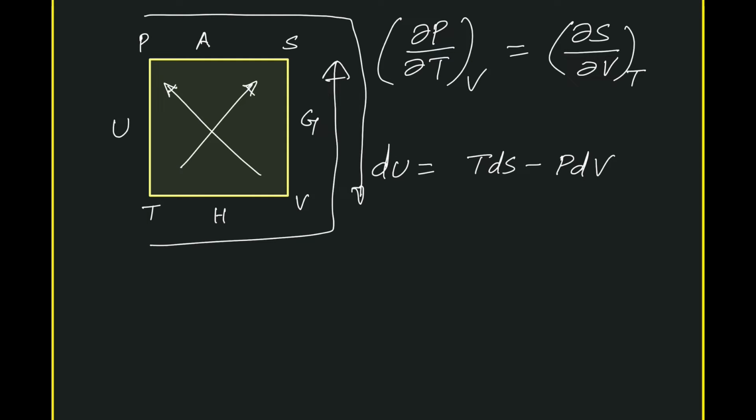Fine. So now these lines are going to help us. In what way? Dou T by dou V at S equals dou P by dou S at V.